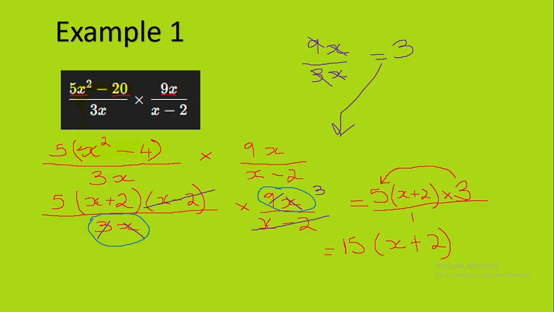So both denominators were cancelled out. That is the reason why we never had to have any denominators right here. If you wanted to, we could also distribute this. So we can have 15x, and 15 times the 2 would just leave you with 15.